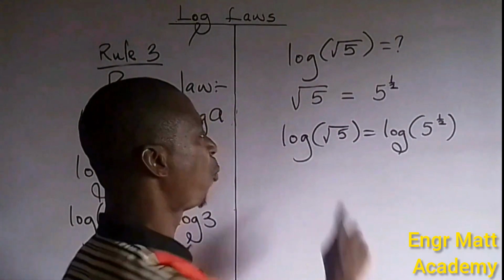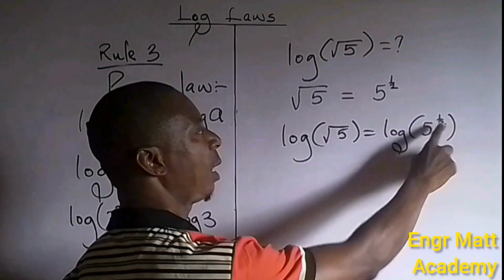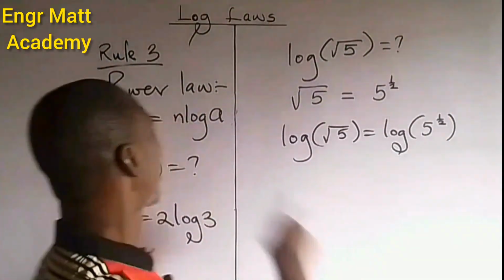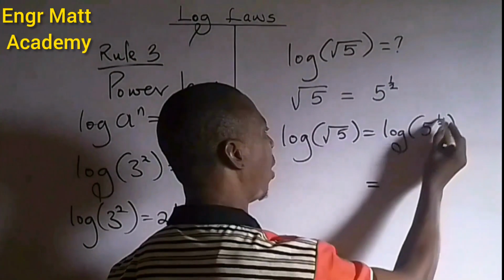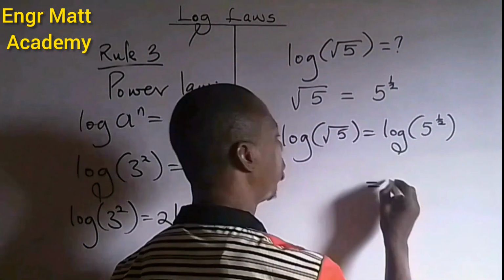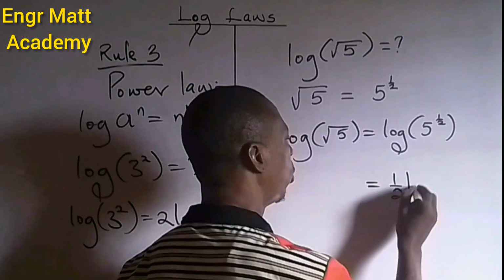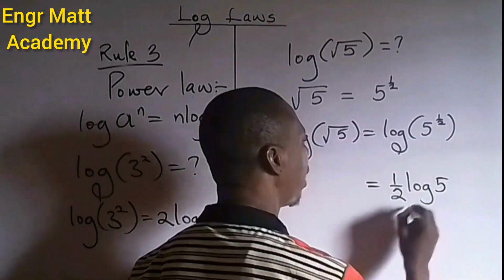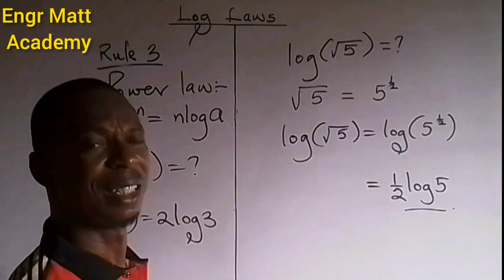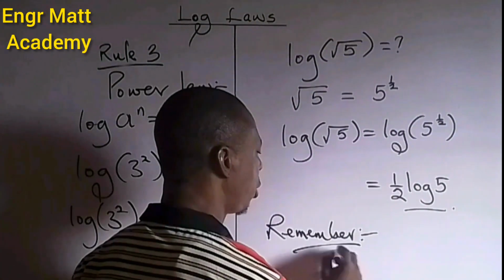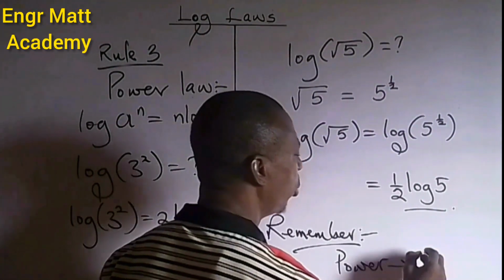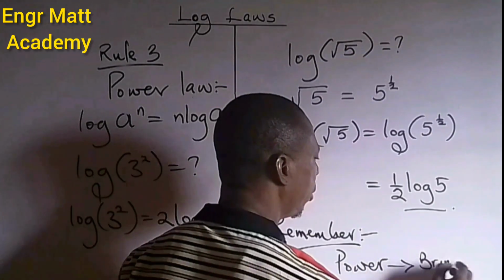Since we have converted root 5 to the power of half, we can now apply the power rule. That is, 1 over 2 as the power now becomes 1 over 2 log 5. And that is it. That is all the power law does. Remember, you see power, you bring it down.